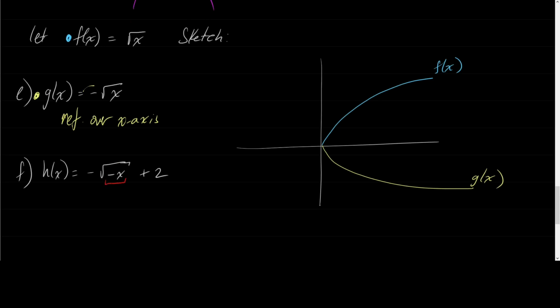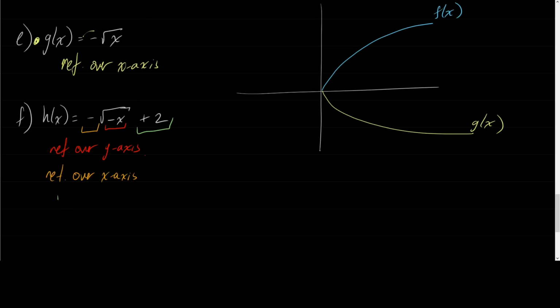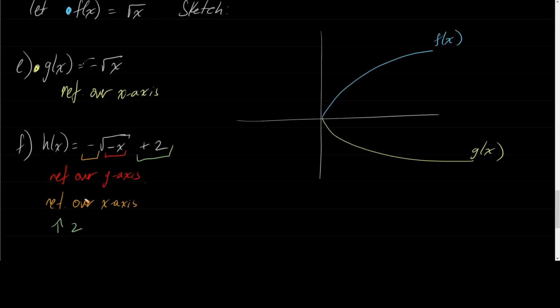We've got first this one, which is a reflection over the y-axis, right? And then we've got this one, which is a reflection over the x-axis. And lastly, we've got this plus 2, which is shifting up by 2.